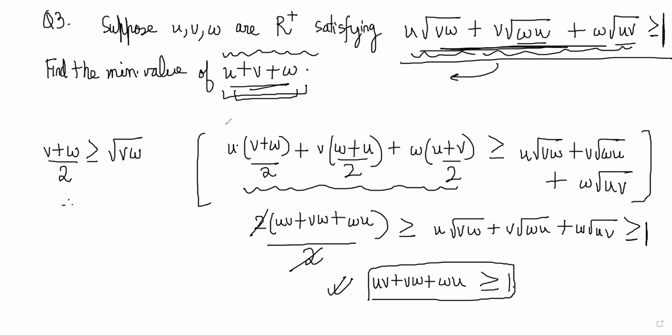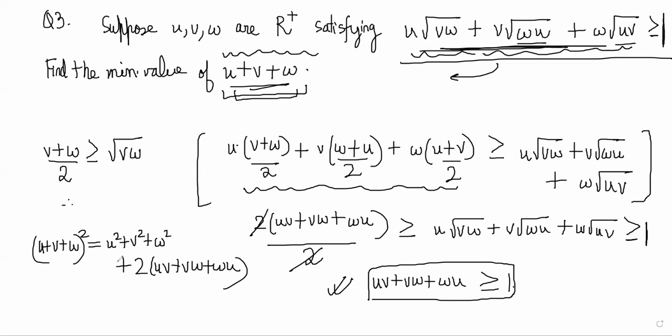Now it is obvious what we can do. We can say (U plus V plus W) whole square is equal to U square plus V square plus W square plus twice of (UV plus VW plus WU). And we can simplify this using AM-GM as well. So I'll do that on the next screen. We have U square plus V square plus W square plus twice of (UV plus VW plus WU).